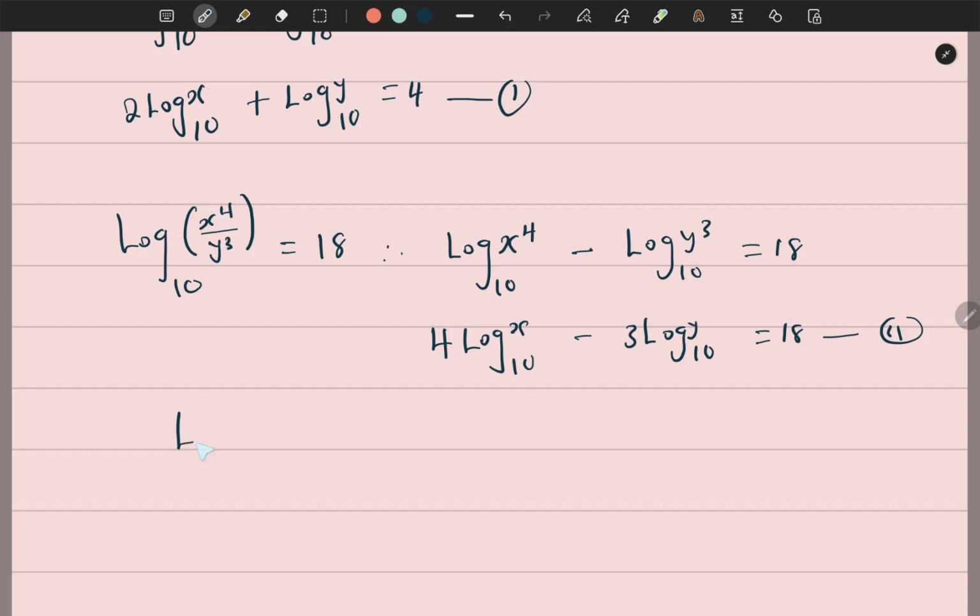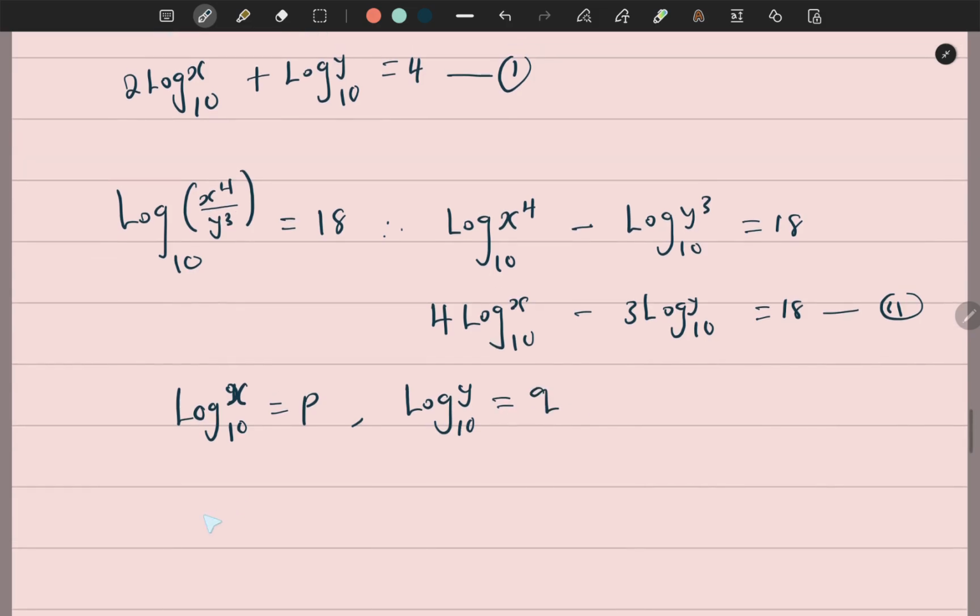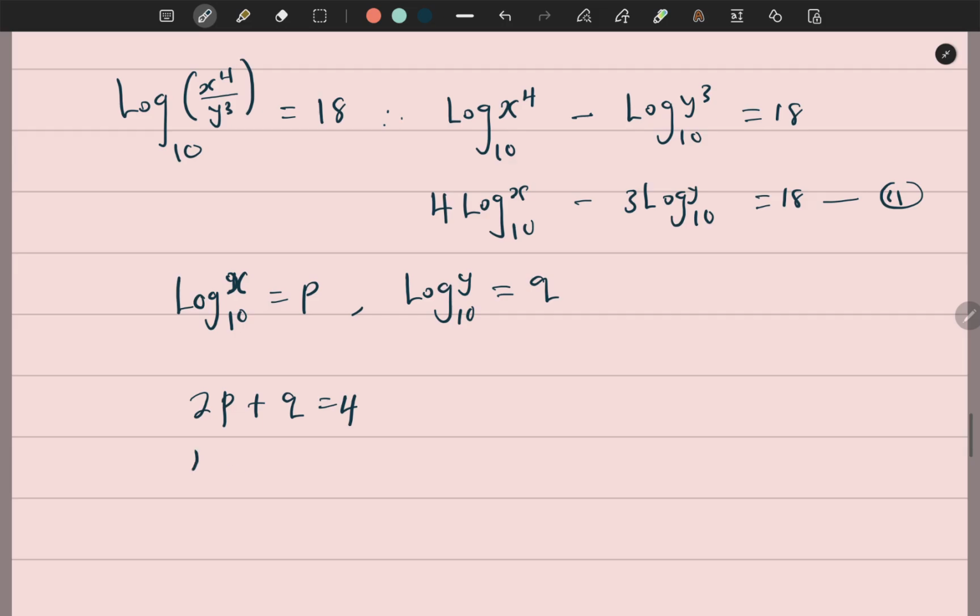We let log x base 10 be p and log y base 10 be q. By substitution, equation 1 becomes 2p plus q equals 4, while equation 2 becomes 4p minus 3q equals 18. Now we can solve this simultaneously.